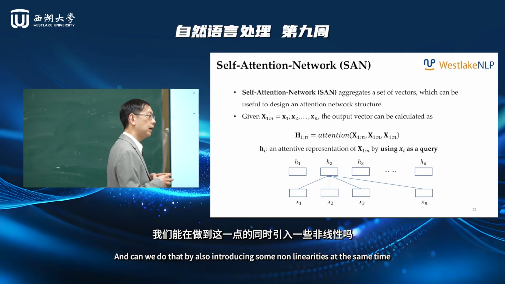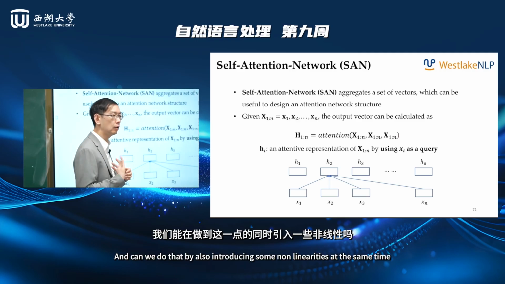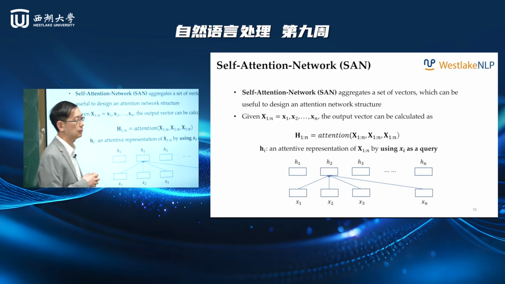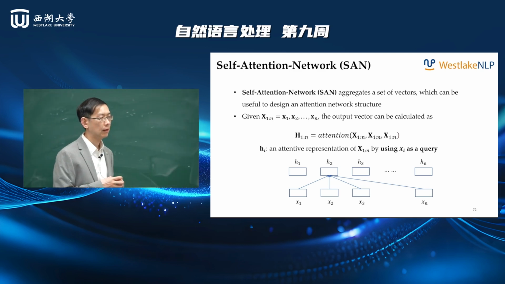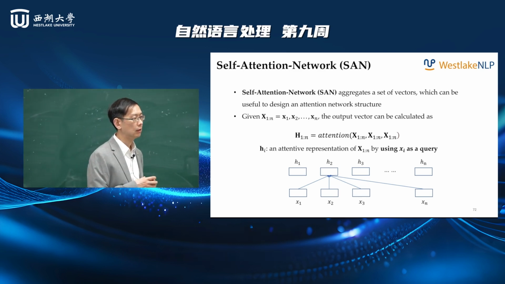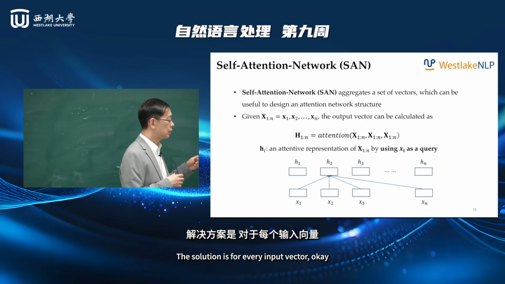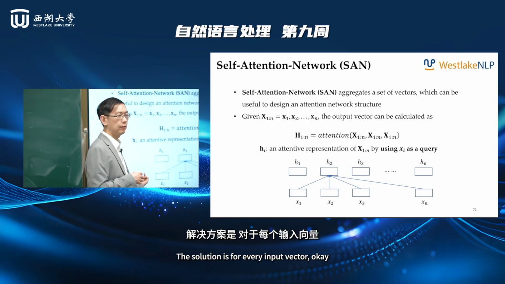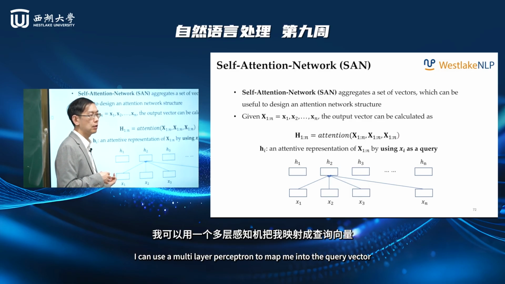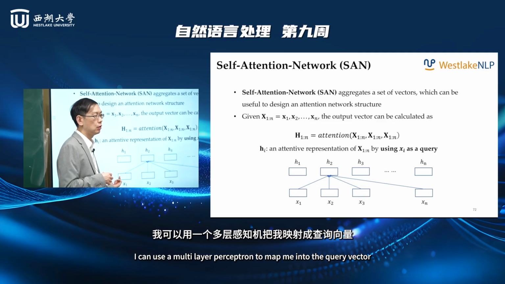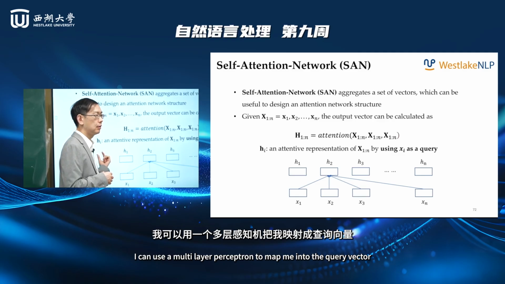And can we do that by also introducing some nonlinearities at the same time? Can you think of a way to do that? The solution is, for every input vector, I can use a multi-layer perceptron to map me into the query vector.